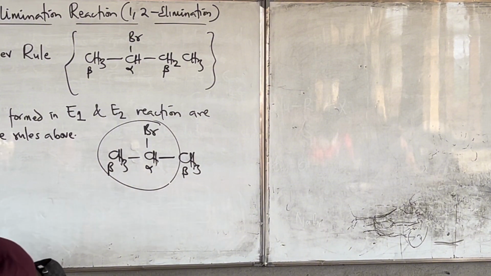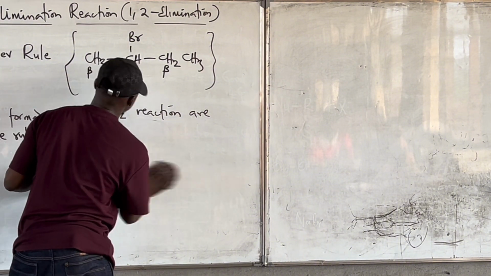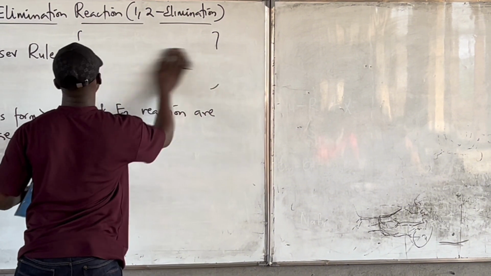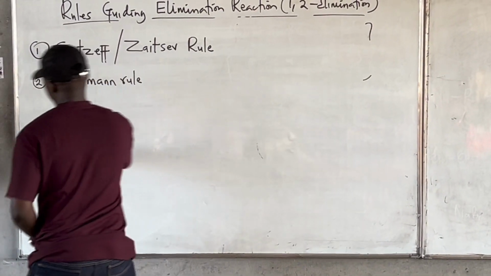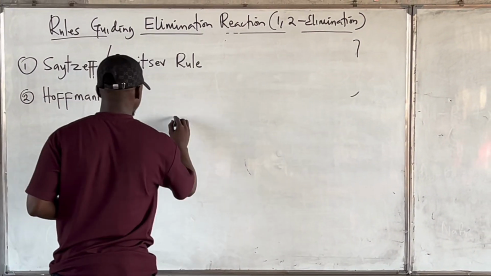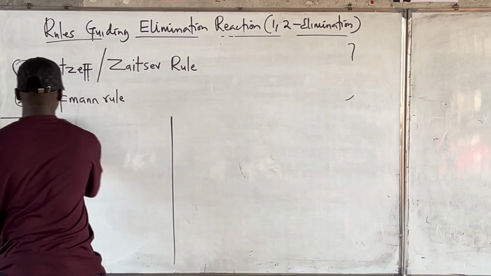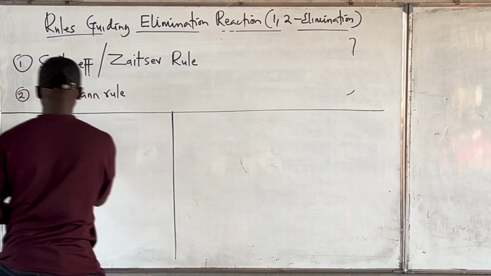So let's look at what each of them is saying. Let's define Saytzeff and afterwards define Hofmann.